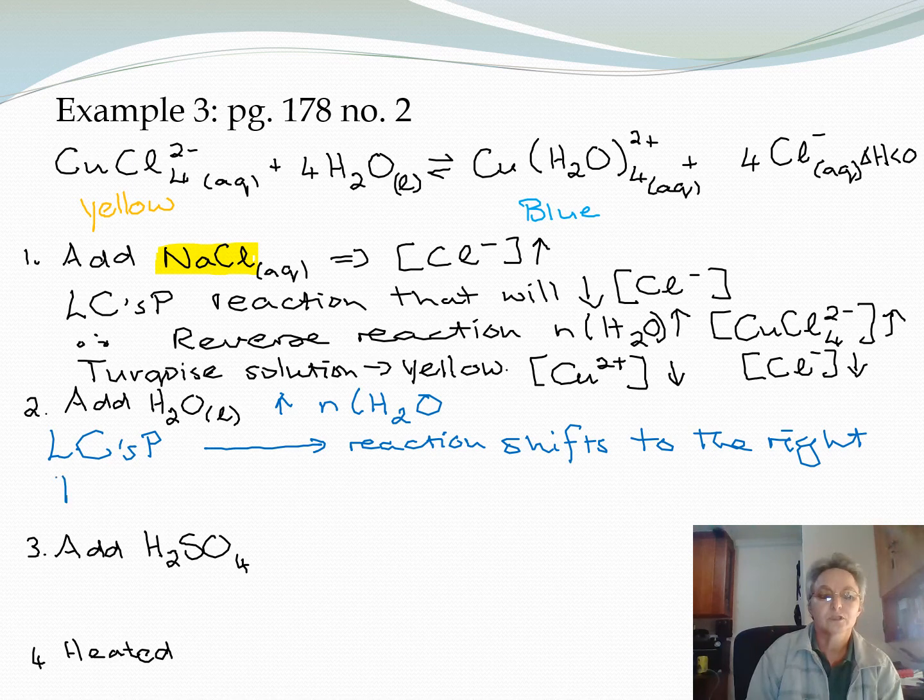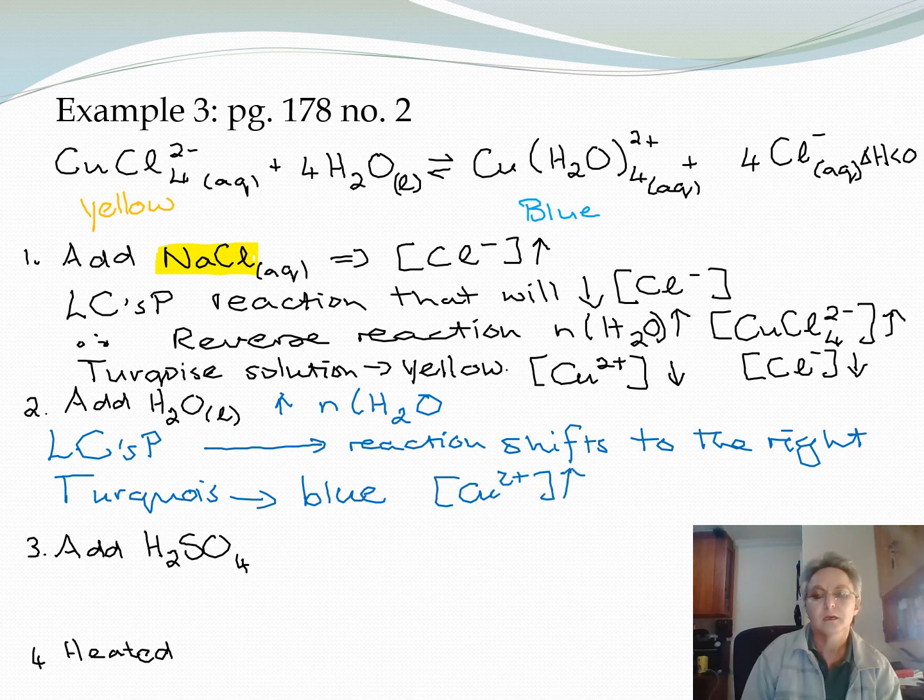So the turquoise solution turns to a blue as more copper 2+ ions are formed. Concentration of chloride will also increase, and your reagents on the left-hand side of the equation, the copper chloride and the water, will decrease. The third point is they add sulfuric acid.